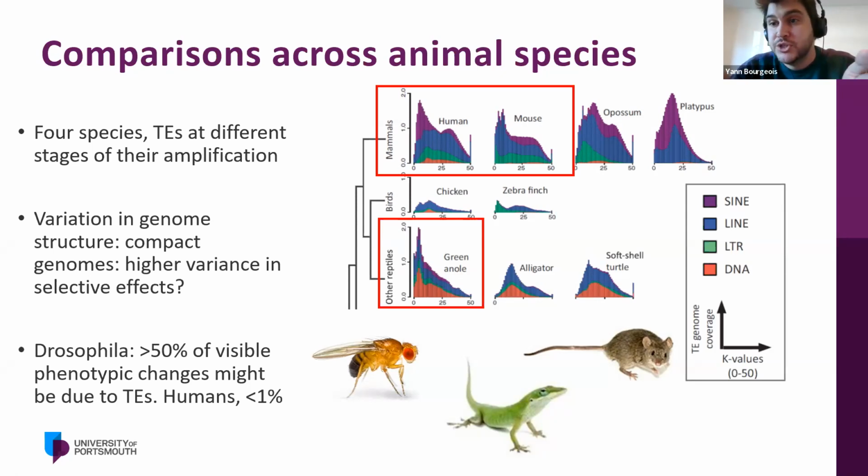Whereas in species with longer genomes, you might expect a lot of TEs to just fall in regions that are already non-functional, in which case they have very limited effects on fitness and selective coefficients that are close to 0. It's actually quite interesting to note that in Drosophila, experiments suggest that 50% of visible phenotypic changes might be due to TE insertions, while in humans it's probably less than 1%.